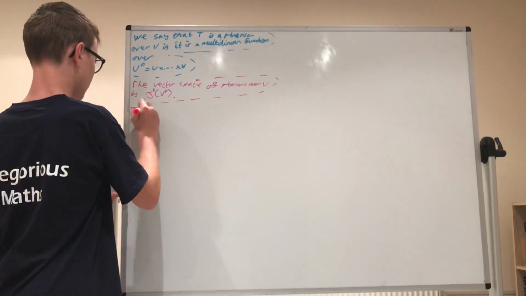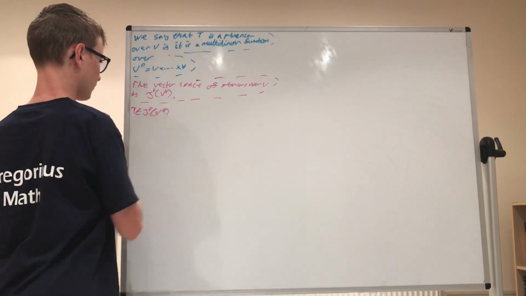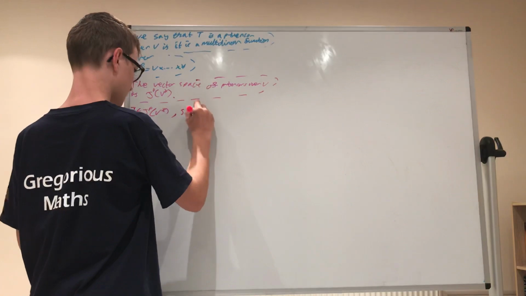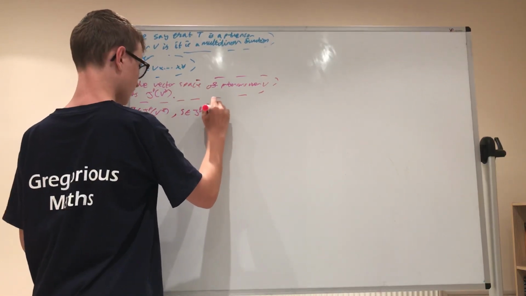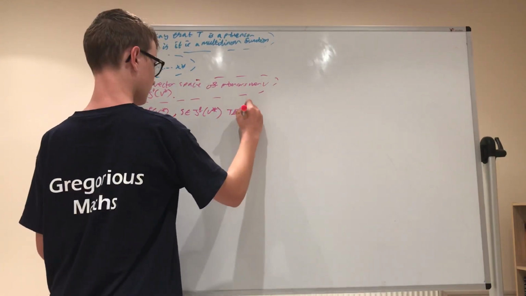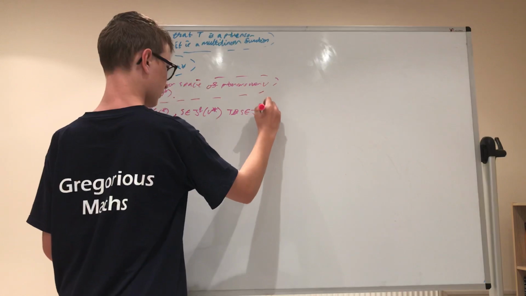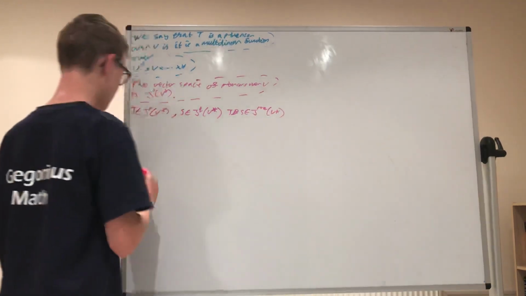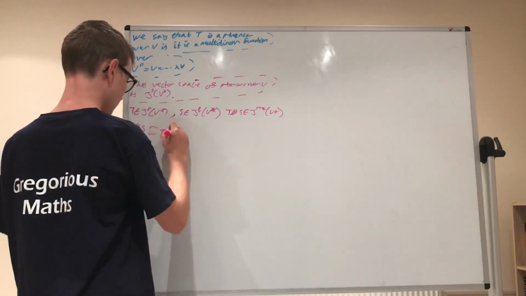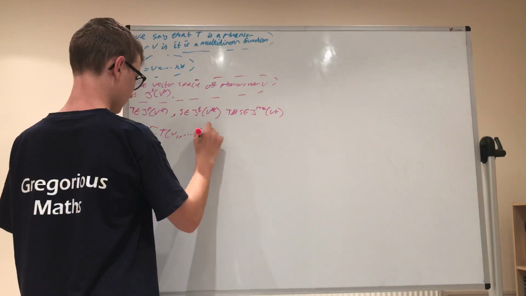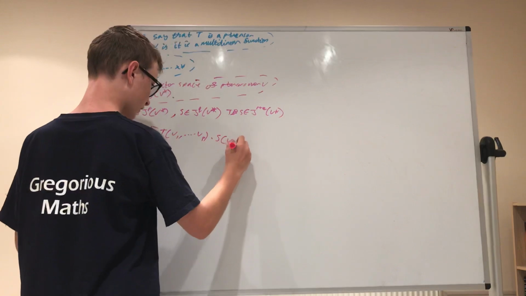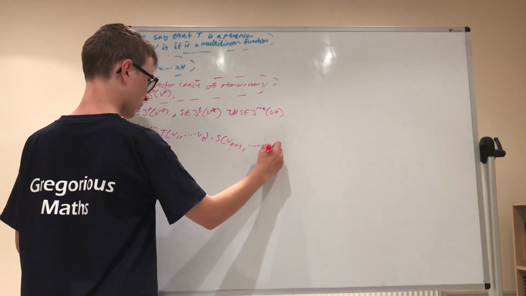So if T is in the space of p-tensors over V, and S is similarly a q-tensor over V, then we say that T tensor S is a p plus q tensor over V, and it's defined as T tensor S is equal to T of v1 up until vp times S of vp plus 1, up until vp plus q.